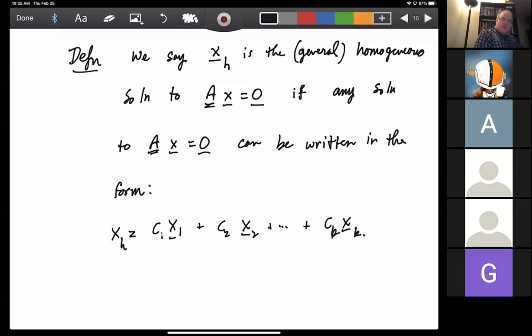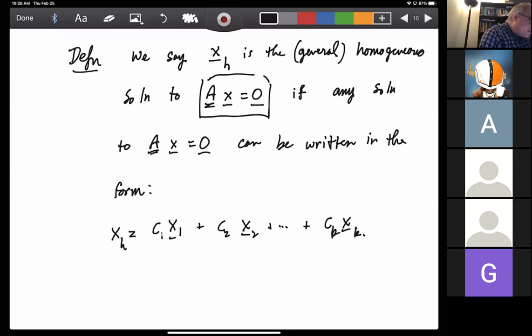Okay, so the idea here is that you've got your linear system, it's homogeneous, and let's say that you find some solutions, x1, x2, x3 all the way up to x sub k. You know by our previous result that any linear combination of those is also a solution.